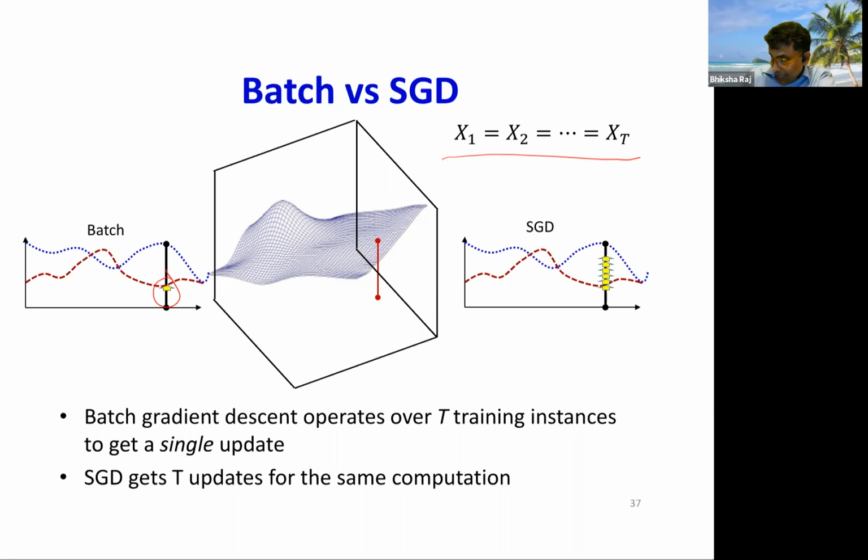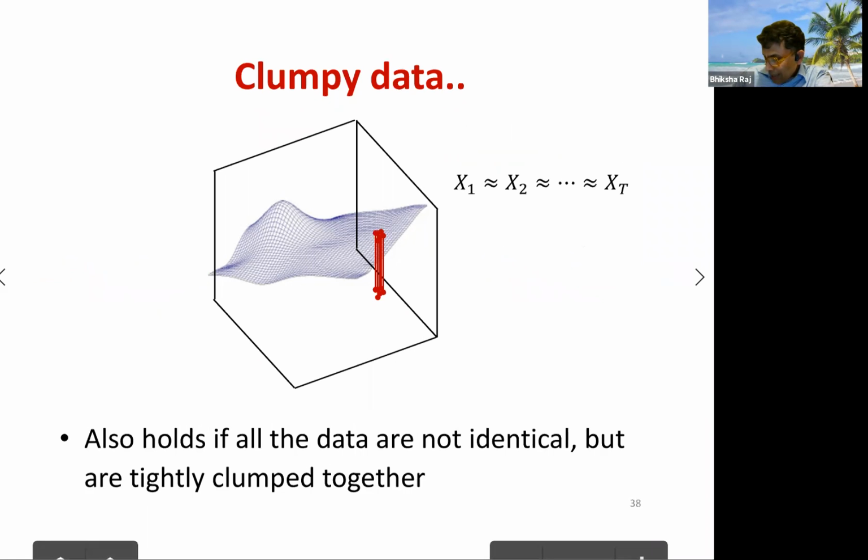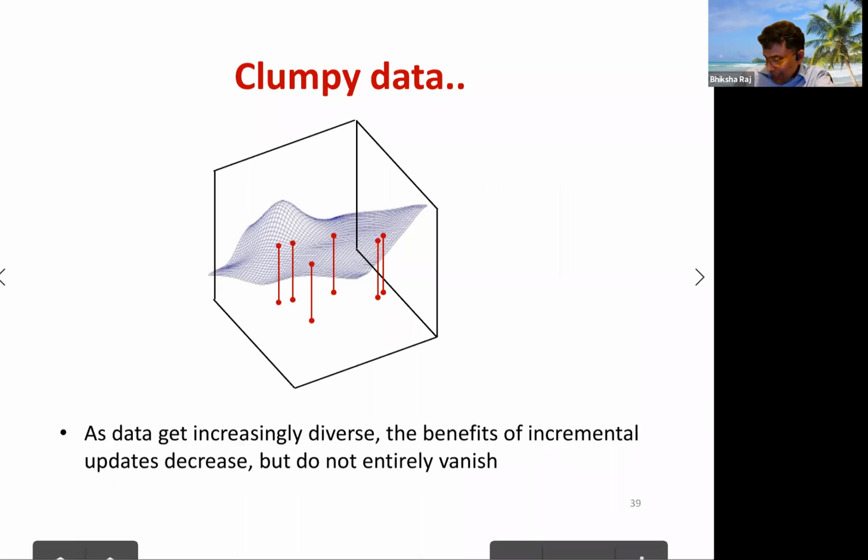But with SGD, in a single pass through the training data, you would have got T updates and made a much bigger change. Now, you're not generally going to get data that are all identical, but even if the data are not identical but merely clumped together so that they are all very close to one another, the same situation still holds. SGD will give us a much bigger update than batch update for the same amount of computation. And as the data get increasingly diverse, the advantages of the incremental updates decrease somewhat, but they don't disappear.